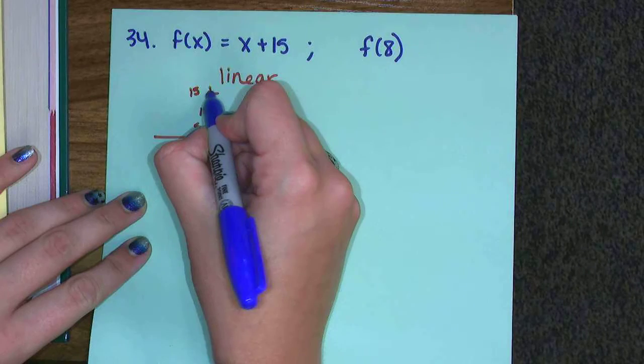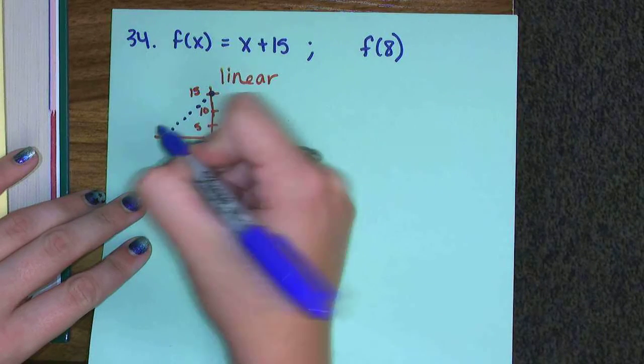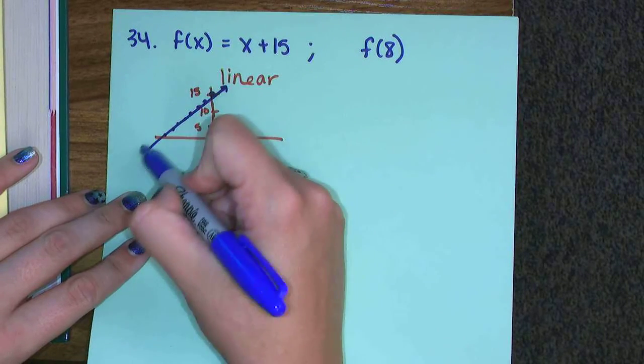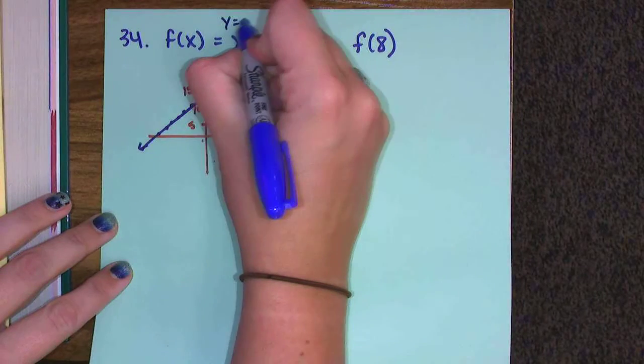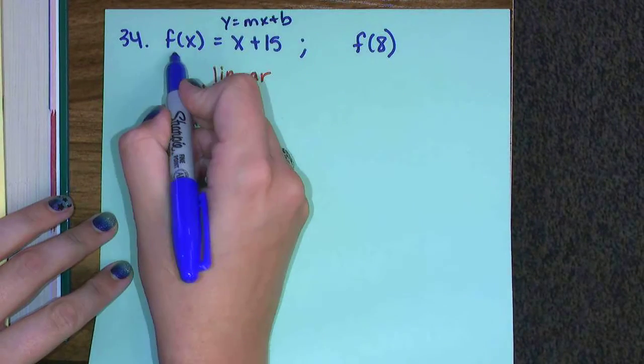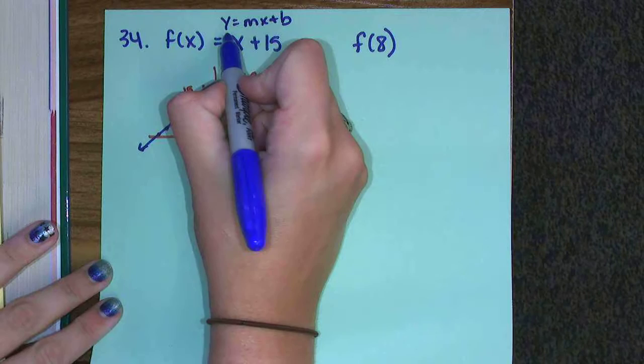Okay, you start here. This is in the form y is equal to mx plus b. I think what's throwing you guys off is this f of x. M is 1 in this case. There's an imaginary 1 here.